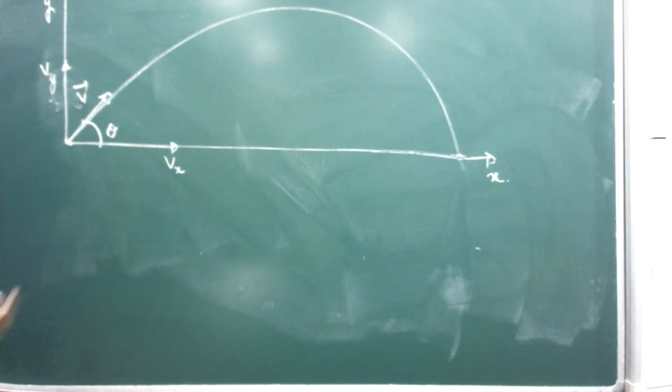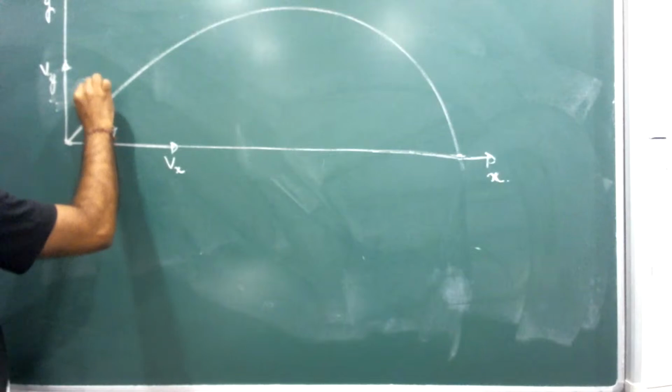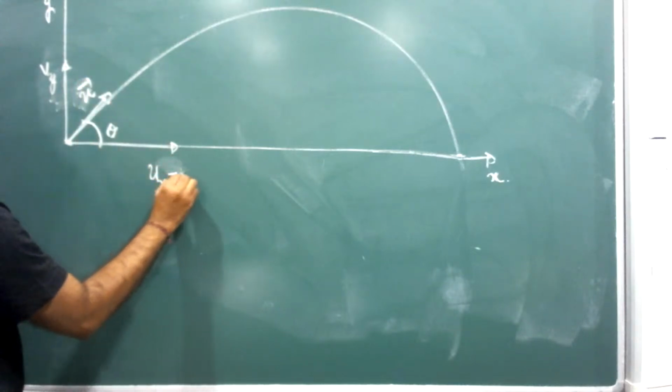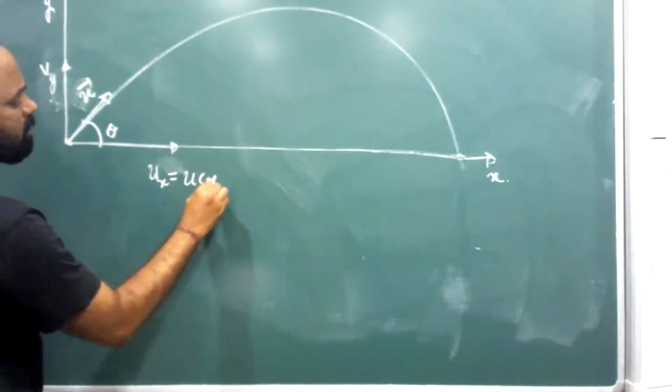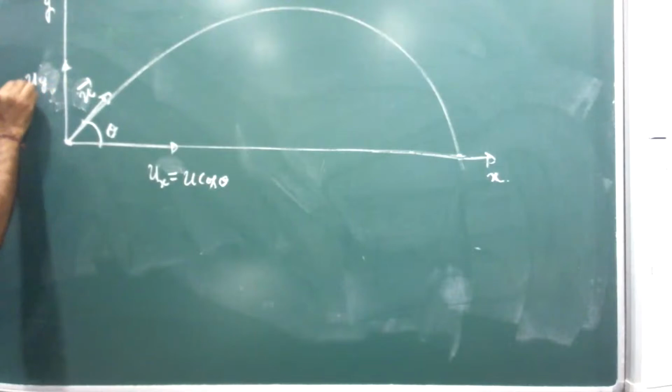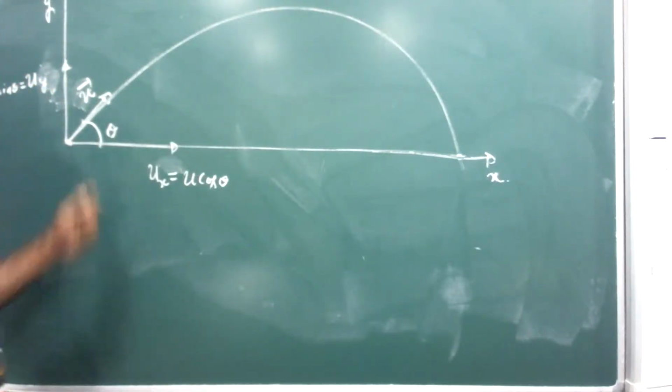Suppose the initial velocity is u bar. We can write ux equals u cos theta, and uy equals u sin theta.